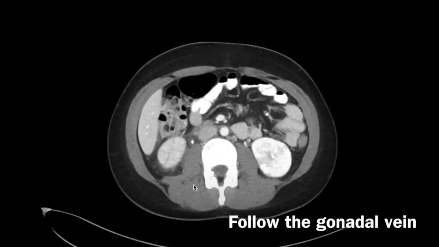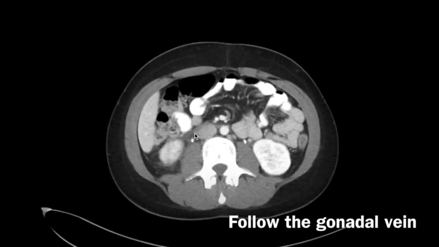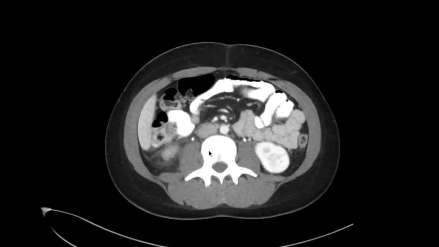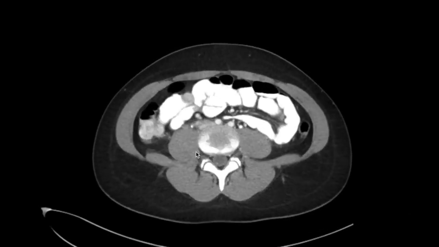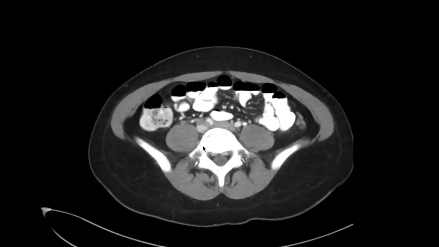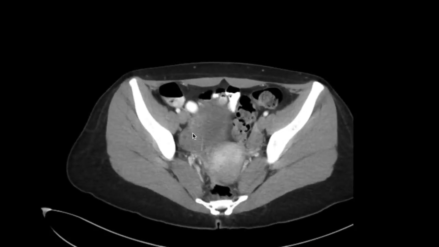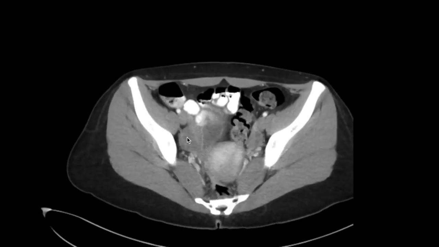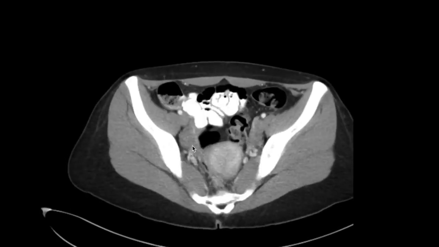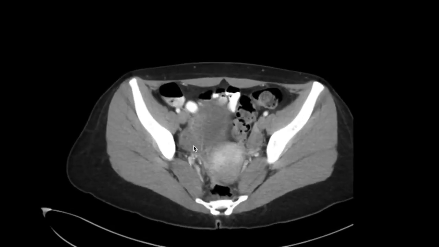So you see this little tiny structure here that is draining into the IVC. If I follow that down, okay, it's right here in front here. If I follow that down, it goes right into this structure here, which is the right ovary. So if you can't find the ovary, follow the vascular drainage / supply, and you'll be much more successful.